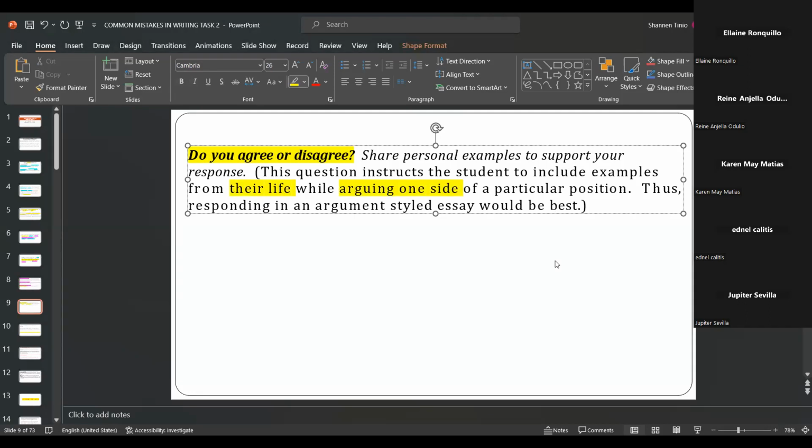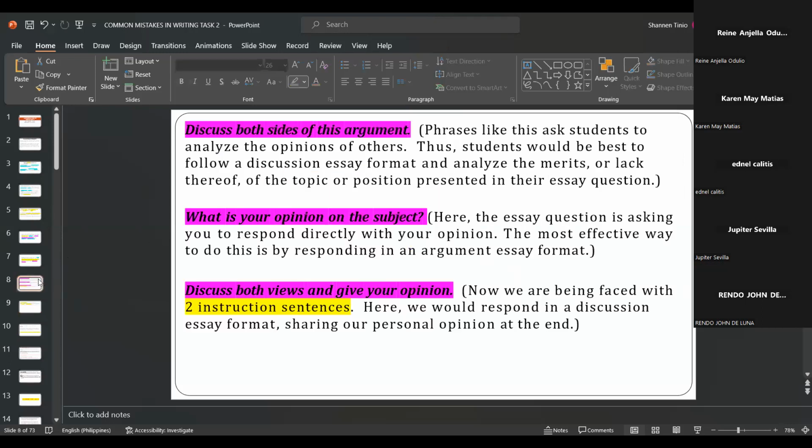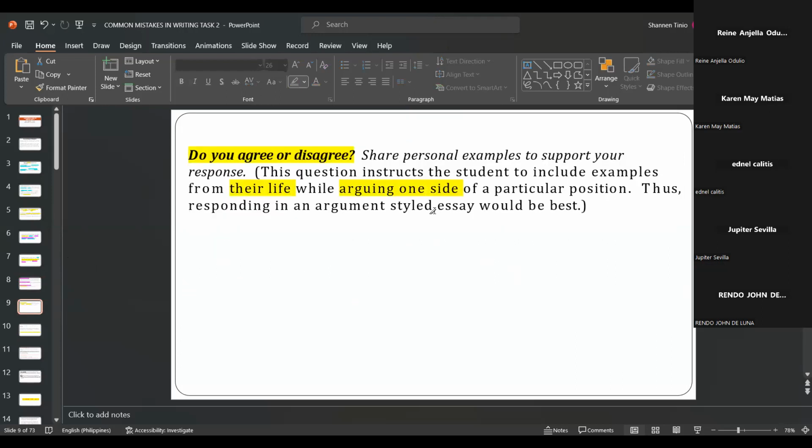Tsaka guys, kapag agree or disagree question, ang ganda nga nun eh. Mas gusto ko pa tong kind of instruction na to kesa sa discuss both sides. Because this is so time-consuming. Pero yung agree or disagree, madali lang yan.